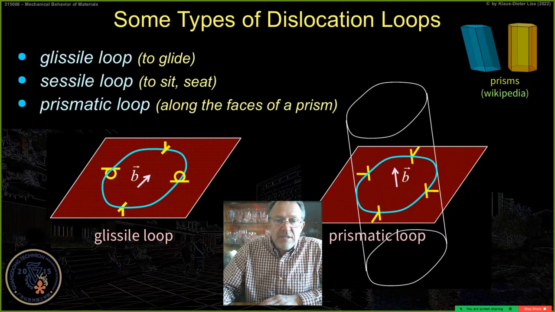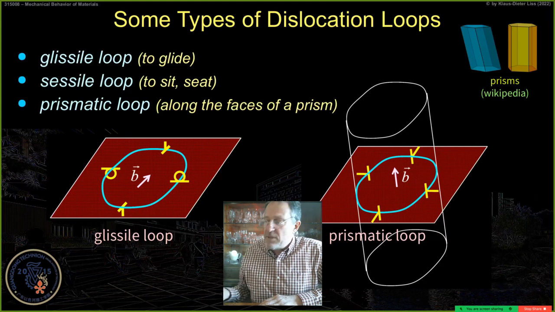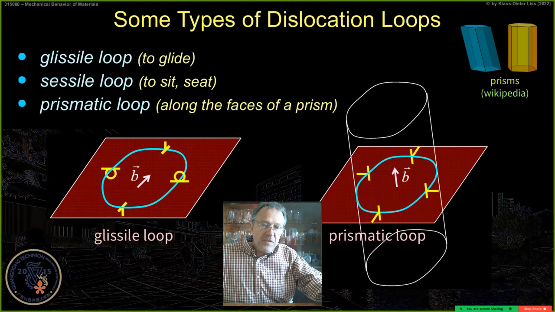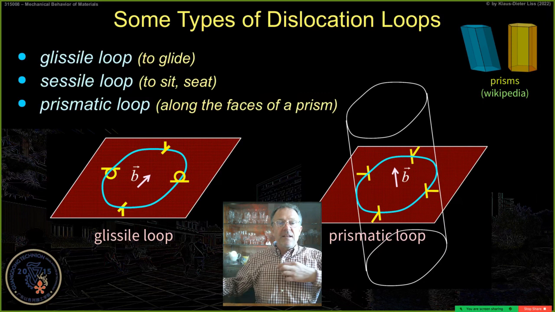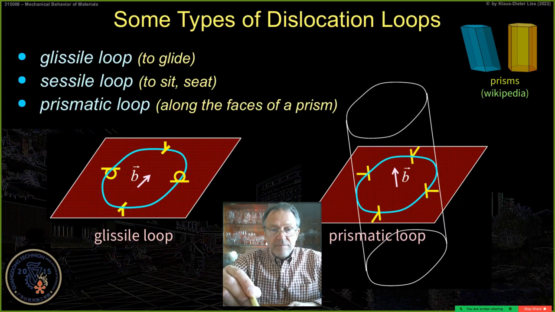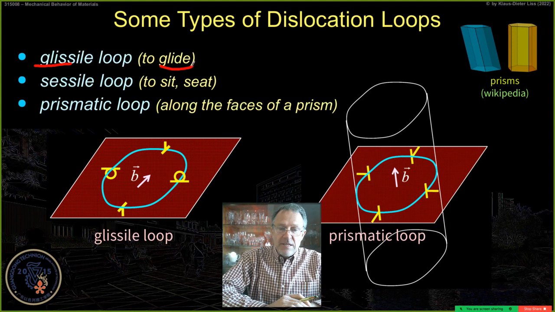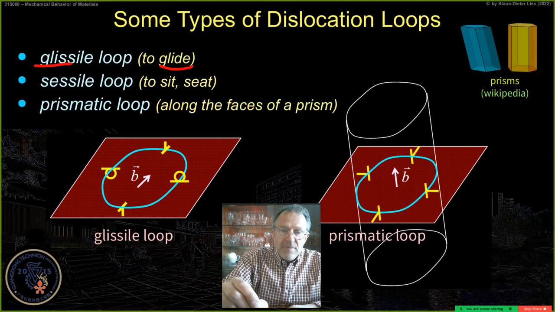I mean a final body displacement like that, plastic deformation. I want to talk about some types of dislocation loops. So you also should be aware of different dislocation loops. There's a glissile loop. Glissile means to glide. So a glissile loop is what I just have shown before, in contrast to the sessile loop.